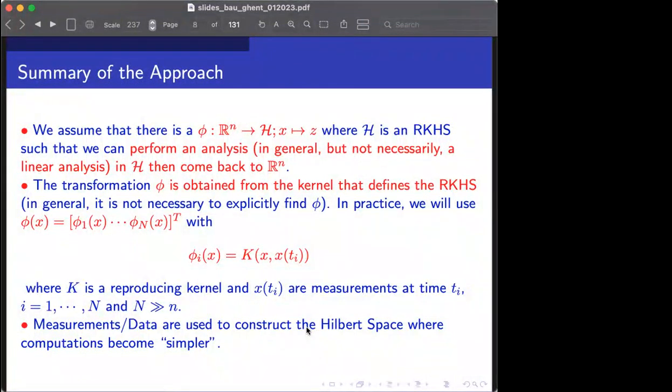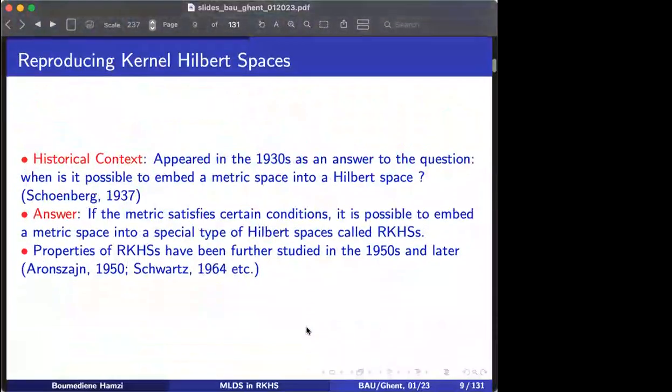Now, as I said, this has a similar spirit to quantum mechanics. The historical context is that this Hilbert space appeared in the 30s as an answer to the question: is it possible to embed a metric space into a Hilbert space? Metric spaces are in a way nonlinear spaces, and a Hilbert space is a linear space.